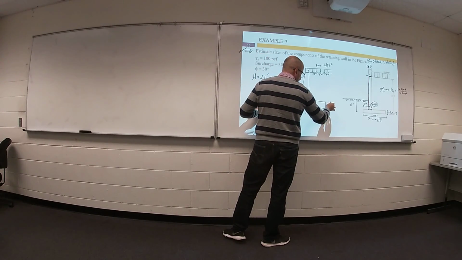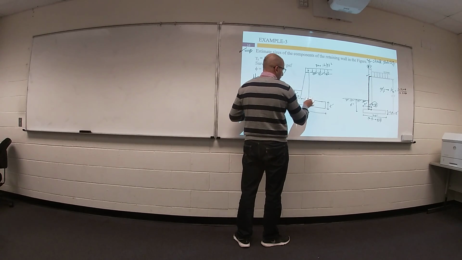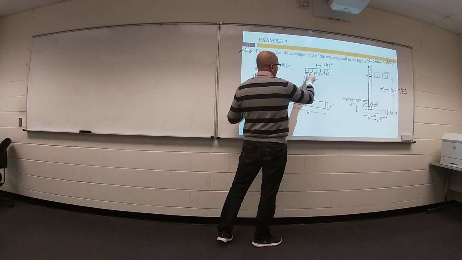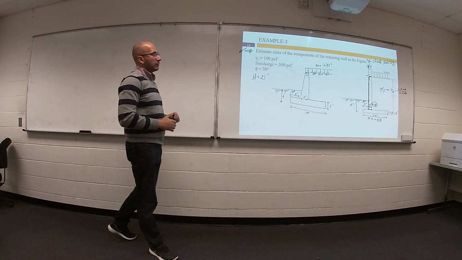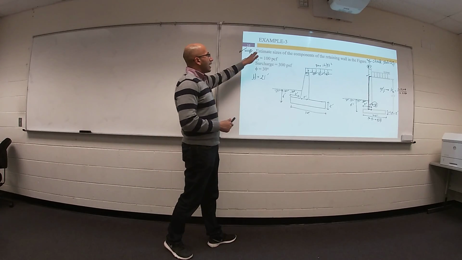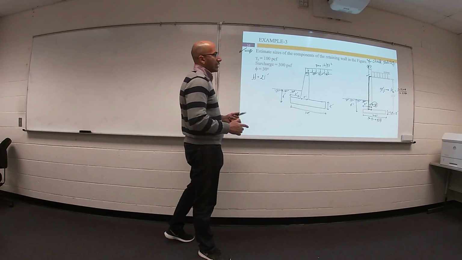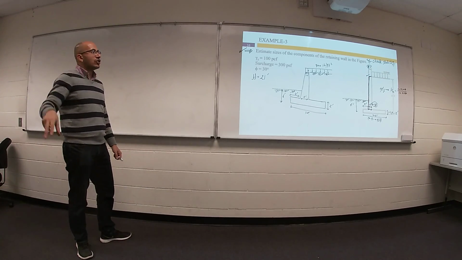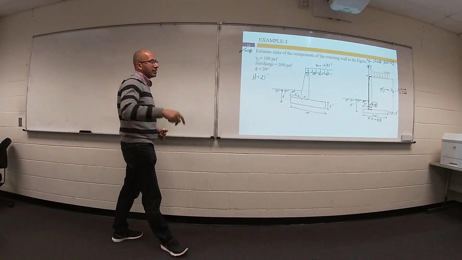The thickness 2 feet. This one 2 feet, and this one is given 1 foot. So first, I estimated the size of the components of the retaining wall. Second part of the problem, go ahead and check stability. What we did last time.